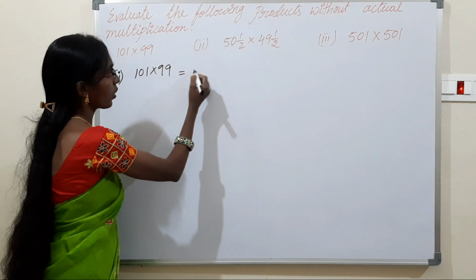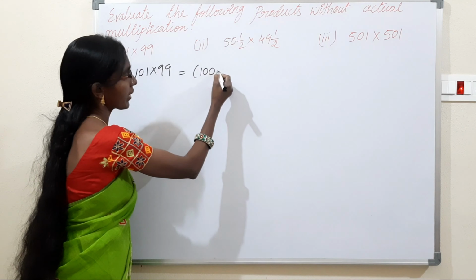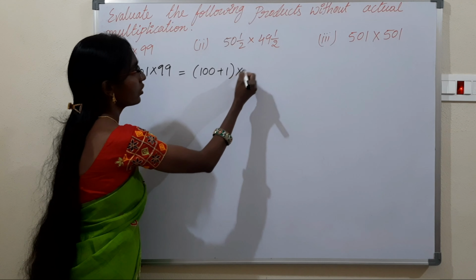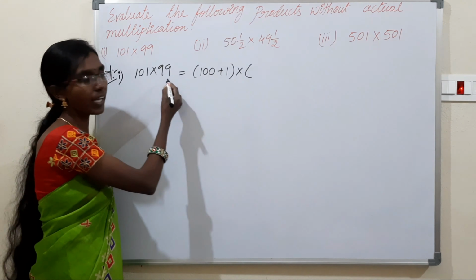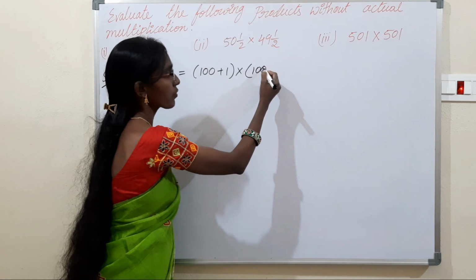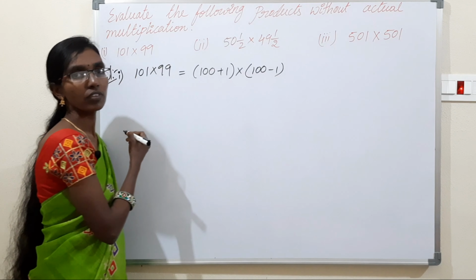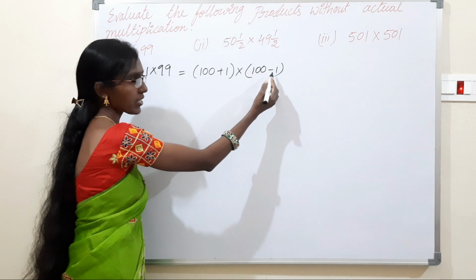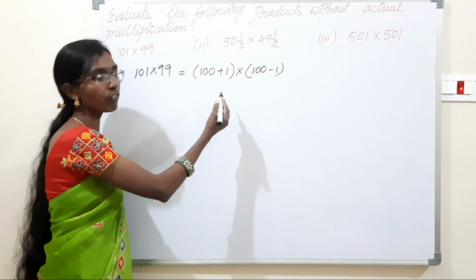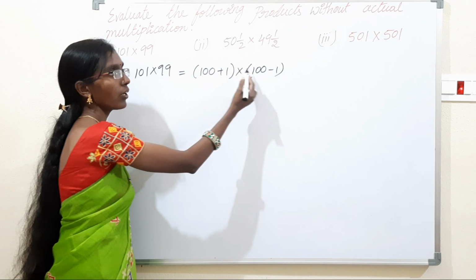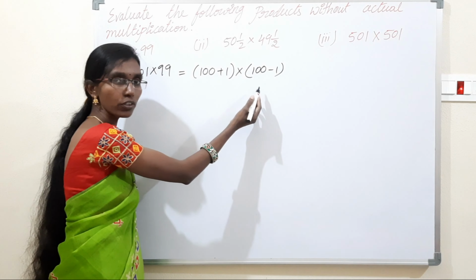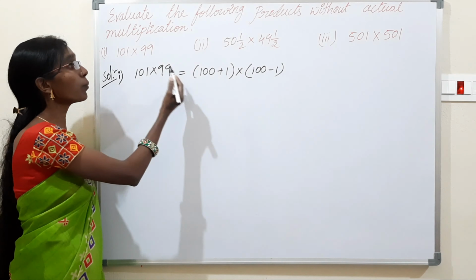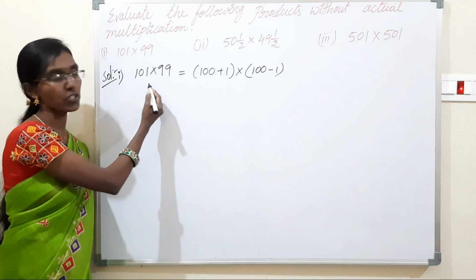We can write 101 as 100 plus 1 into, we can express 99 as 100 minus 1. Now, if you observe, 100 plus 1 into 100 minus 1 is in the form of a plus b into a minus b. So, we have to use that identity here to multiply the given numbers.